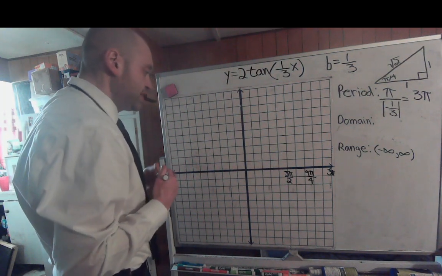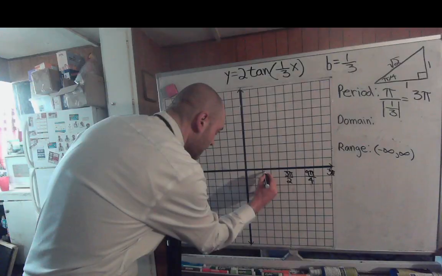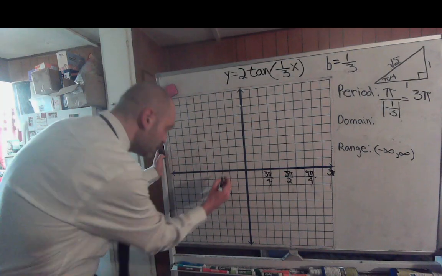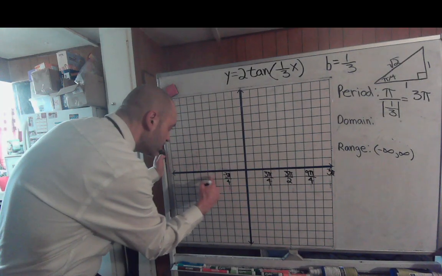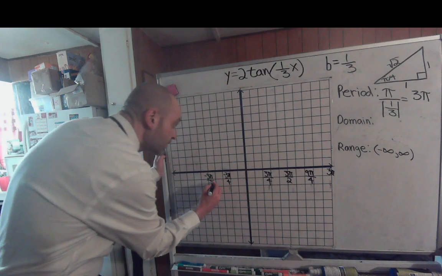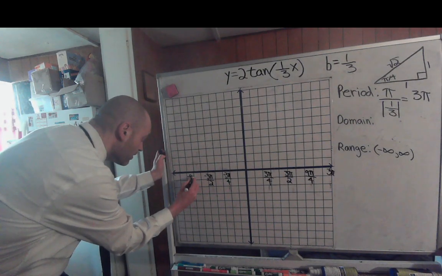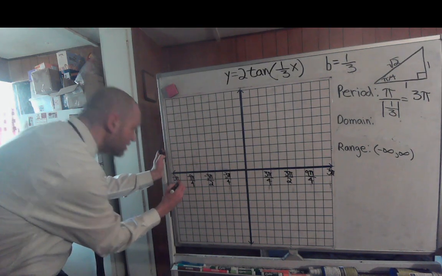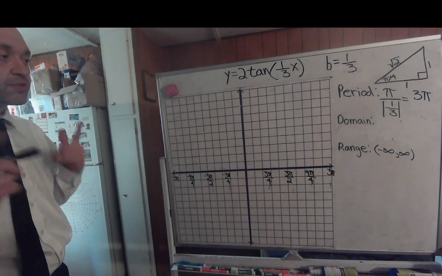And then let's see, this would be 3 pi over 4 right here. Alright, perfect. Negative 3 pi over 4, negative 3 pi over 2, negative 9 pi over 4, and then we got negative 3 pi. So I have 2 full periods worth.